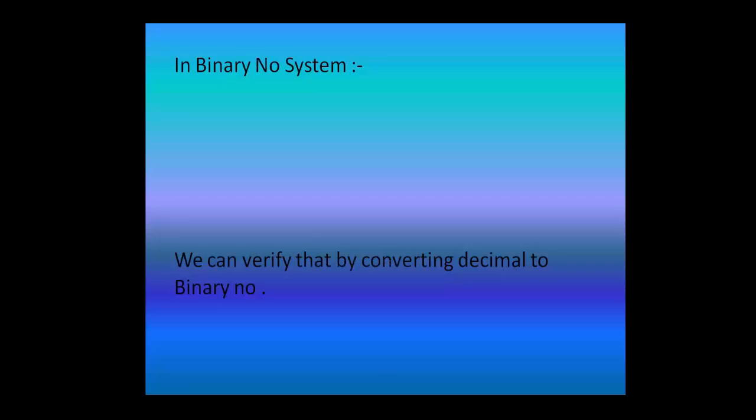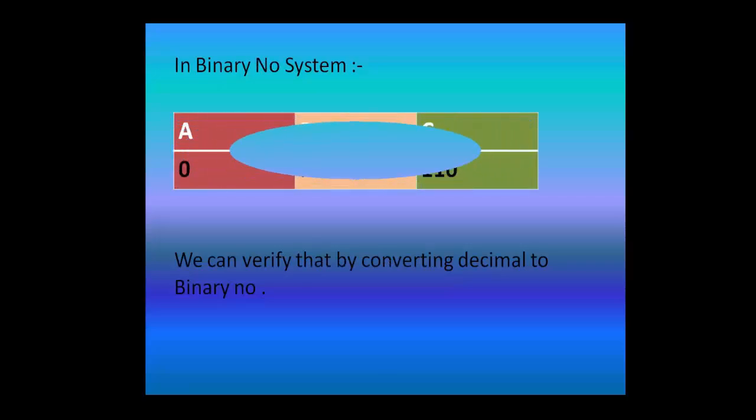See, if I show you any IP in the binary number system and ask you which class this IP belongs to, by looking at the first octet you can identify.